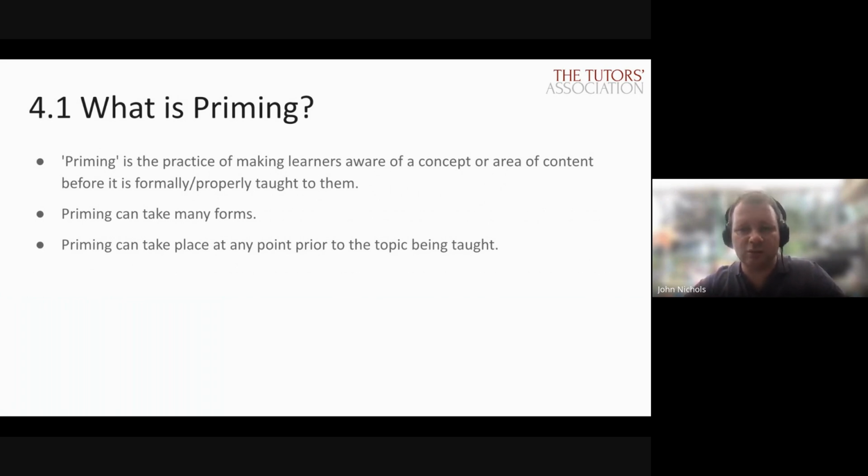When this is managed well, and it's done in the context that they understand, so they already know what a leaf is because they've learned what a leaf is, they're already learning about plants. When it's done carefully in a context that is relevant to the student and which they can understand, then this is really, really useful to be able to give them advanced warning of content that's coming up further on down the line.